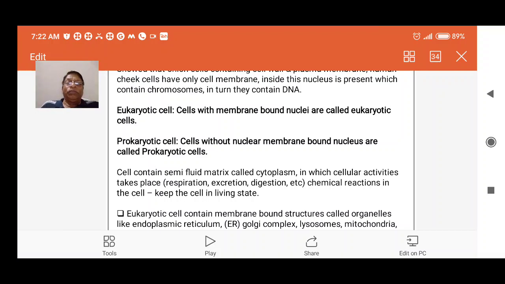Such type of cells are called eukaryotic cells. It means based on the electron microscope, we are able to classify the cell into two types, prokaryotic cell and eukaryotic cell.